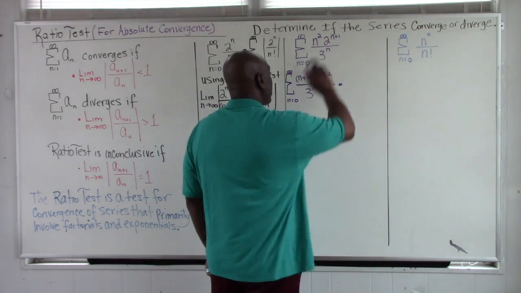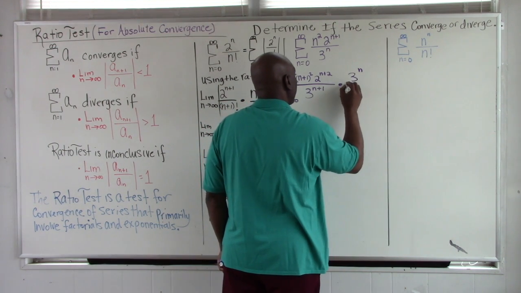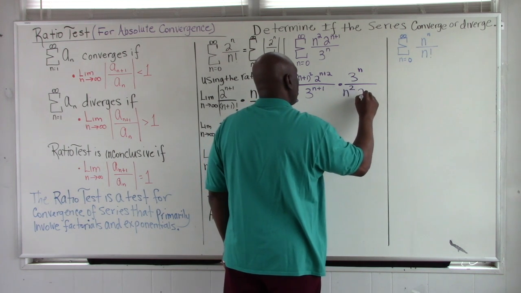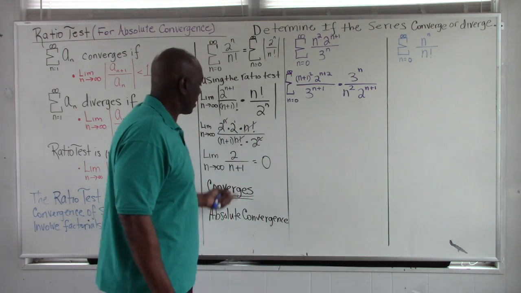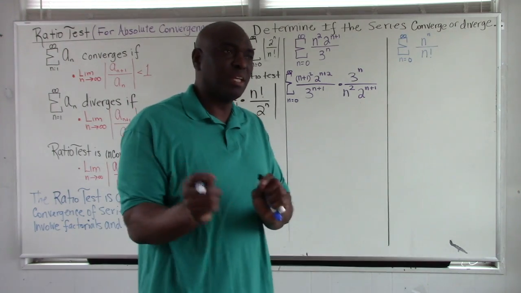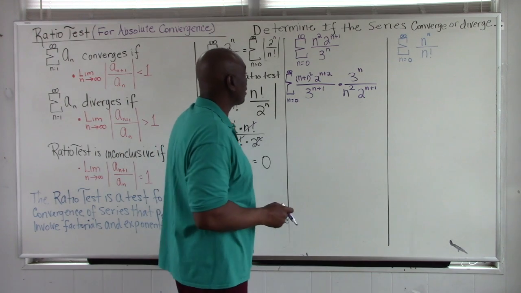All right, so the reciprocal here is going to be 3^n over n squared 2^(n+1). And as we did on this side, go ahead and algebraically manipulate it and pull it apart, and let's see what things are going to cancel out. All right, let's do that.